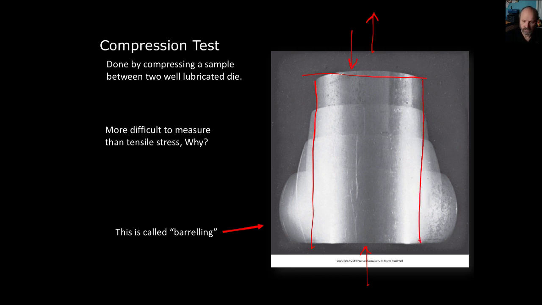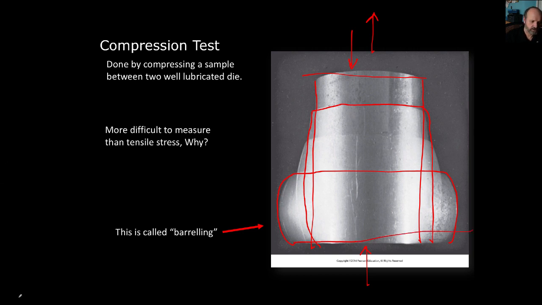Okay, and then at some time later we've applied some load. Now my cylinder is starting to bulge a little bit, right? So you kind of expect that. And then after some time and more load, we get this nice barrel effect. Okay, and that's for compressive testing.